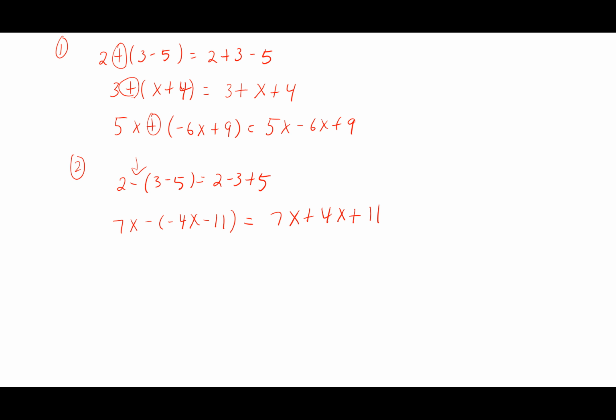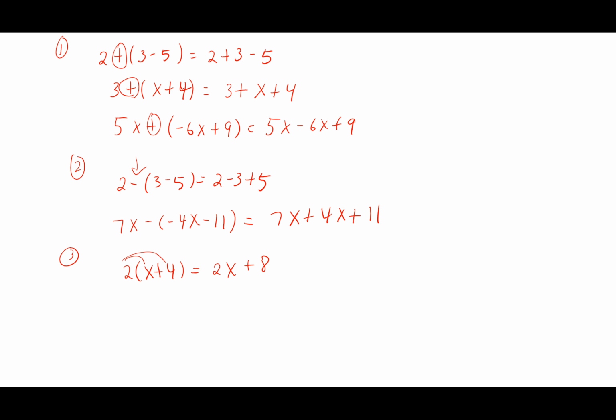Now the third rule says that if the parentheses are preceded by a number, the parentheses may be removed if each of the terms inside the parentheses is multiplied by that number. So let's try that. 2(x plus 4) equals, so 2 times x and 2 times 4, plus 8.